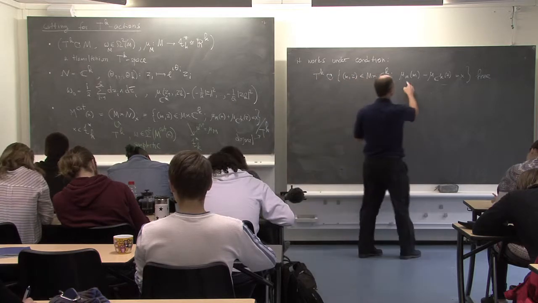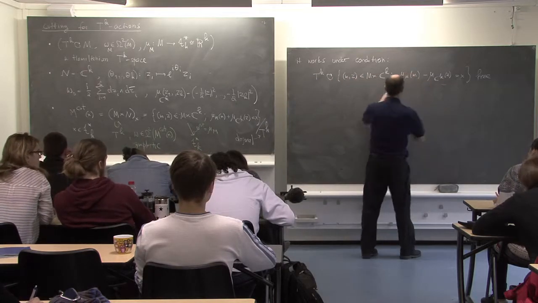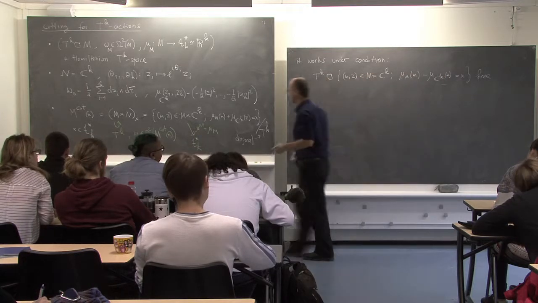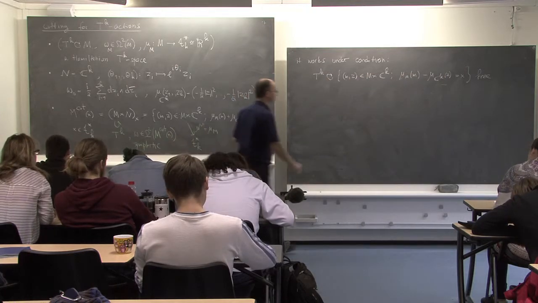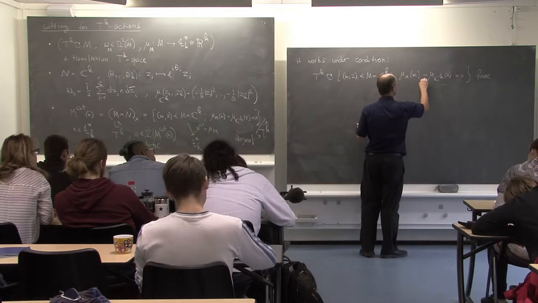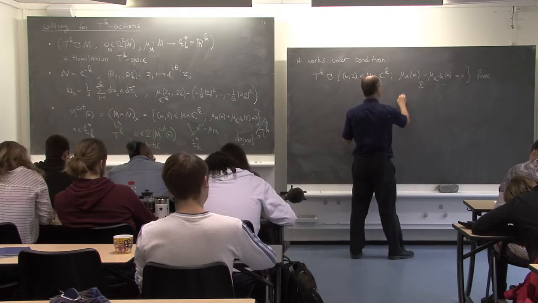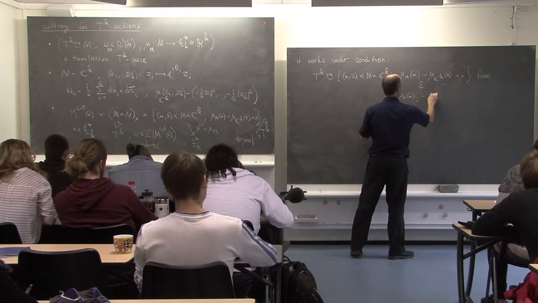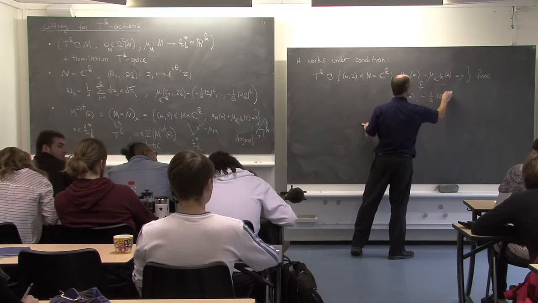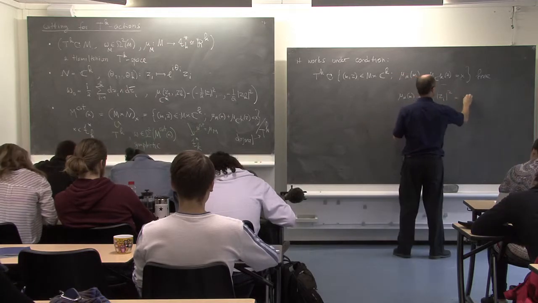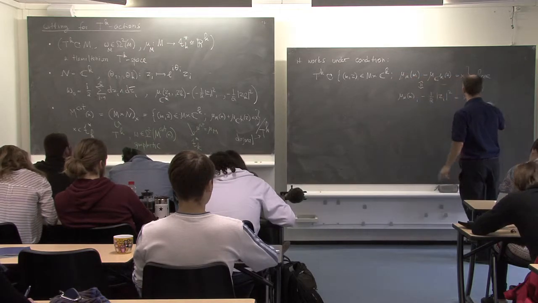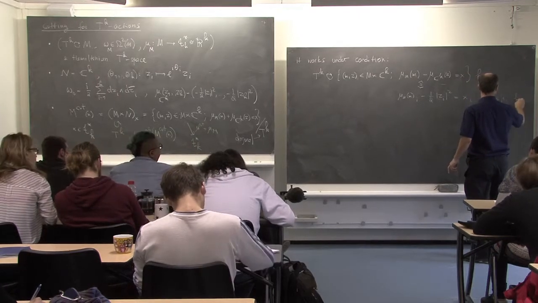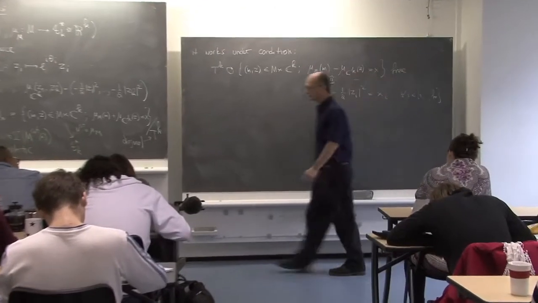Perhaps let me write down this condition in details, in components, right? So these are k-dimensional vectors. So this means the following: mu M of mi minus 1/2 zi squared is equal to xi for all i.